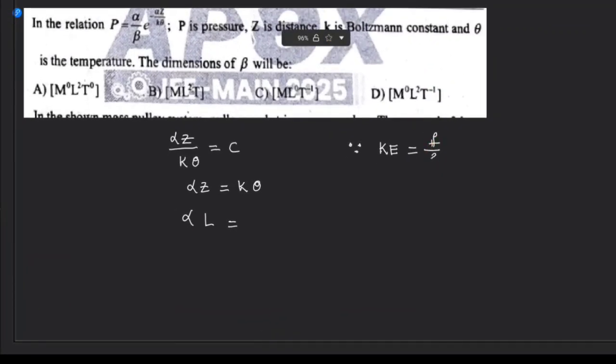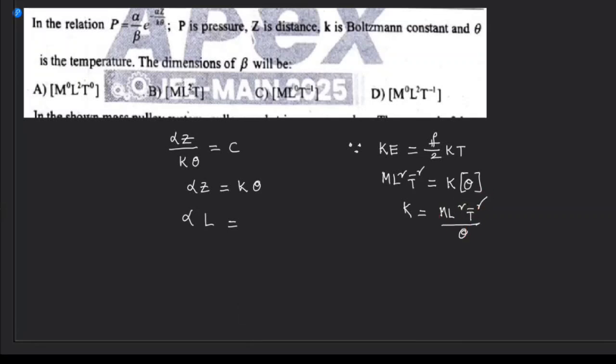Kinetic energy formula, since it is energy, M L square T power minus 2 will be equal to k into T. K can be written as k only and T can be written as theta, the dimensional formula. Therefore k is equal to M L square T power minus 2 by theta.